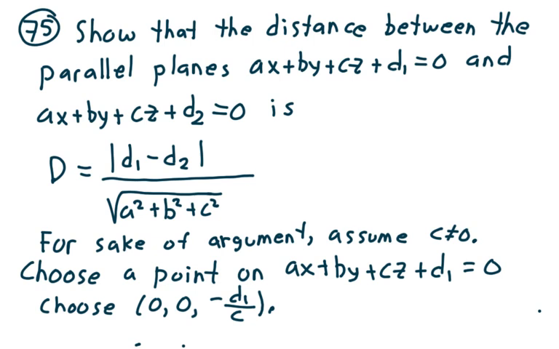And whichever one is not 0, that's the X or Y that I would have solved for. So in other words, if A is not 0, I would have solved for X and set Y and Z equal to 0. If B is not 0, I would have solved for Y and set X and Z equal to 0. I hope that makes sense. But A, B, or C, at least one of them cannot be 0. Otherwise, there's nothing to do here.